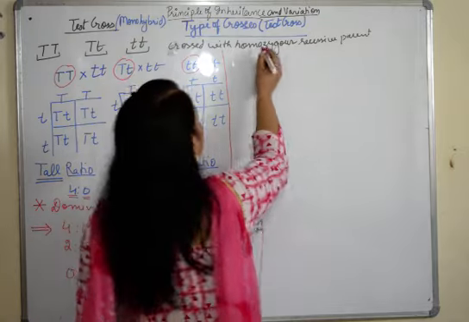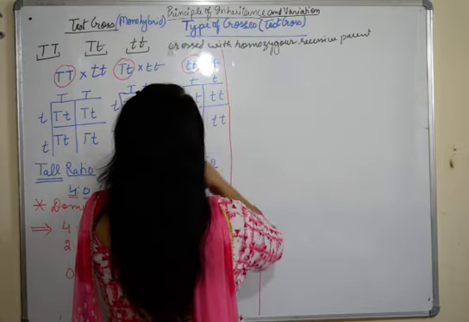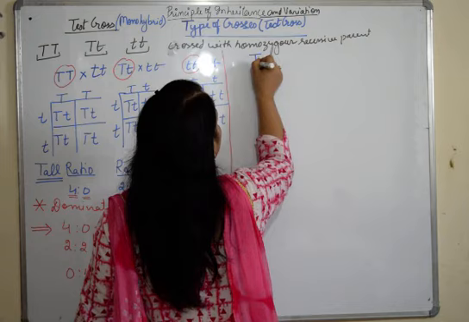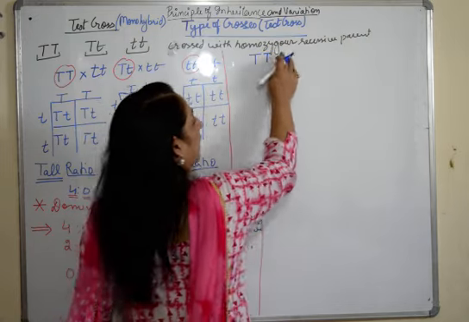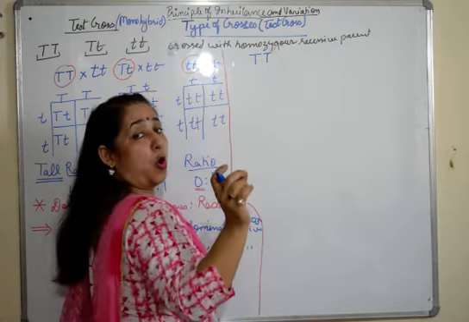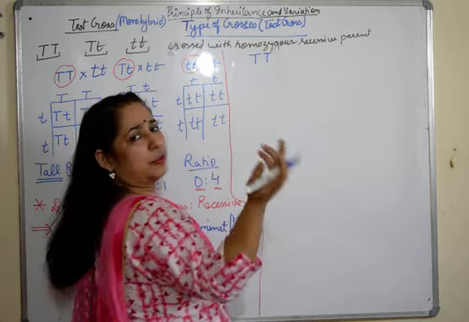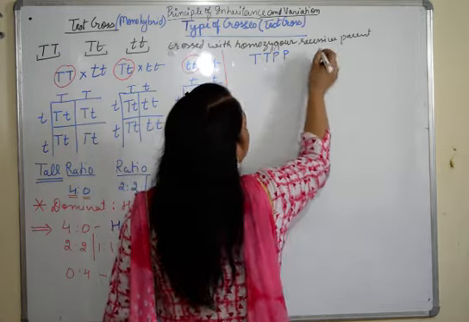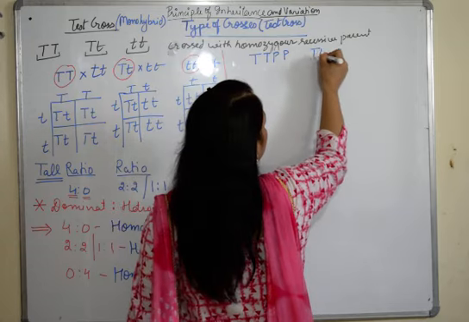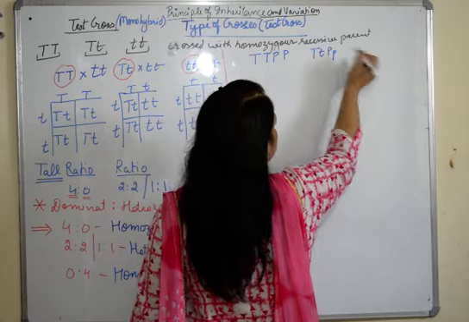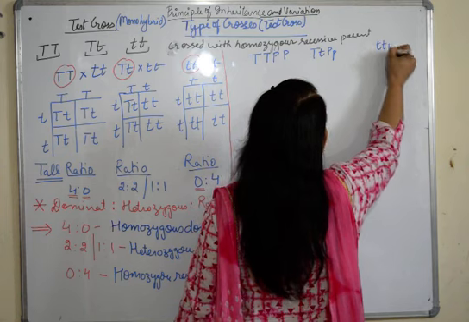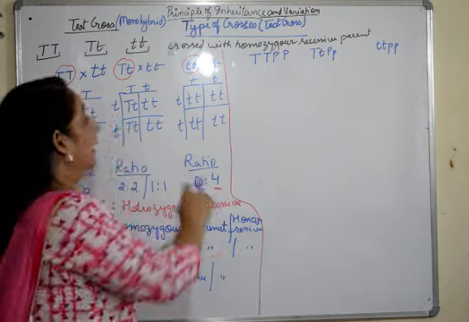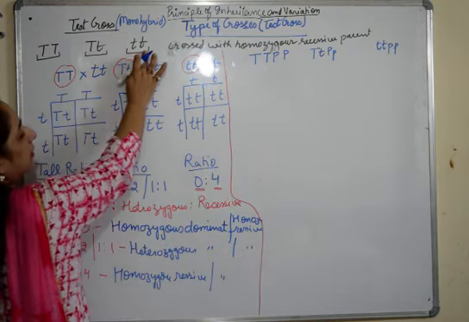So suppose we are talking about tallness, and we are talking about the color of the pea pod, or you can say color of the flower maybe. So the color of the flower, that's purple, and then the second condition would be this. The third condition would be where all are recessive. Fine.